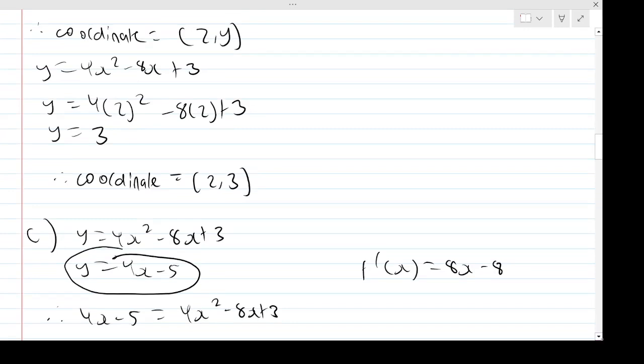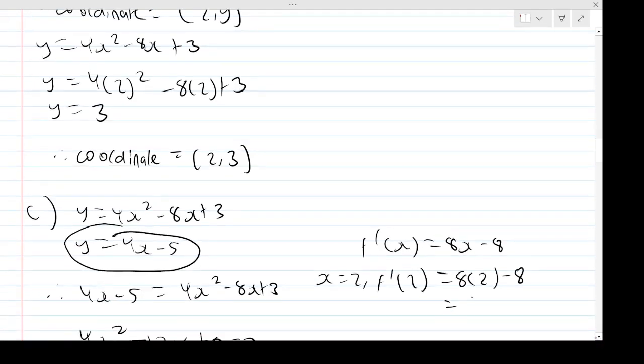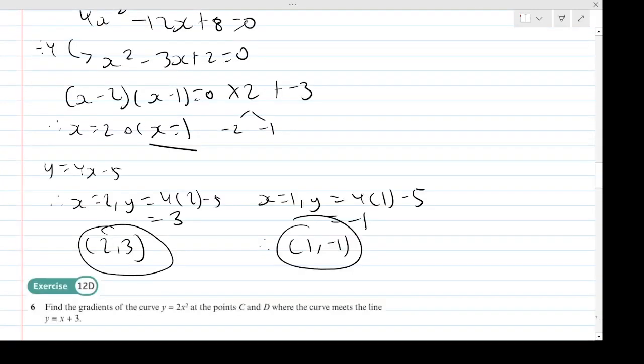So when x is 2, f dash of 2 is going to be 8 lots of 2 minus 8, which would be 16 minus 8, which is 8. So my corresponding gradient is 8 at that point. Then I need to find the gradient at the point when x is 1.